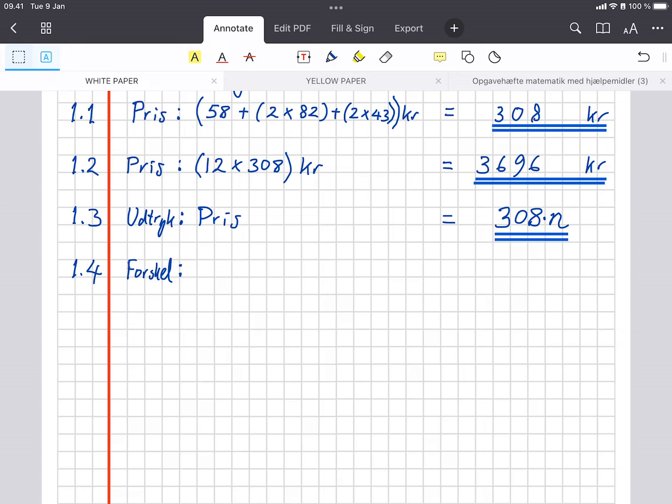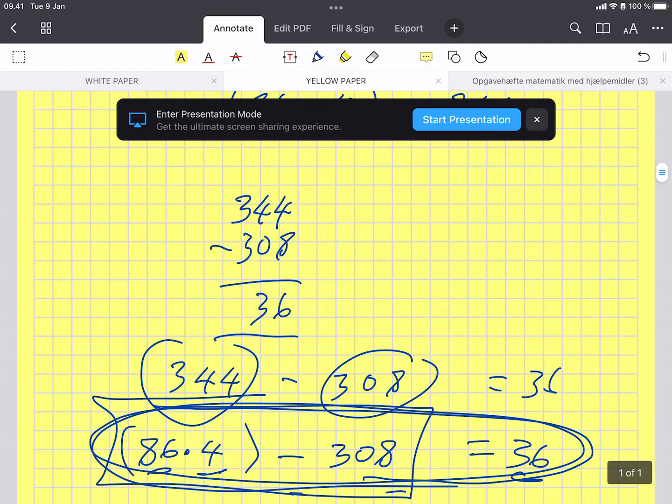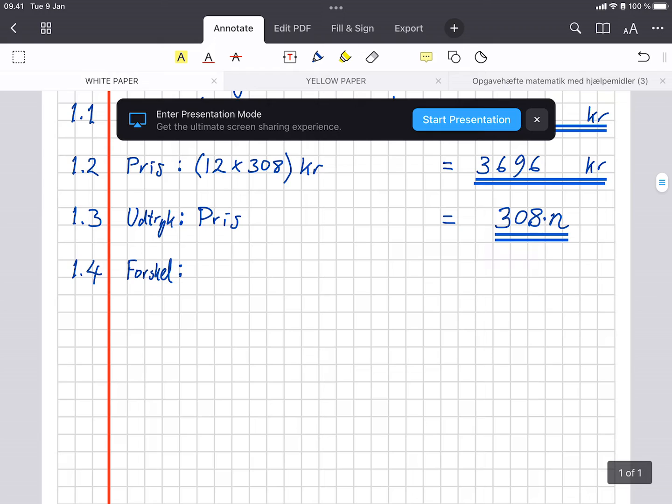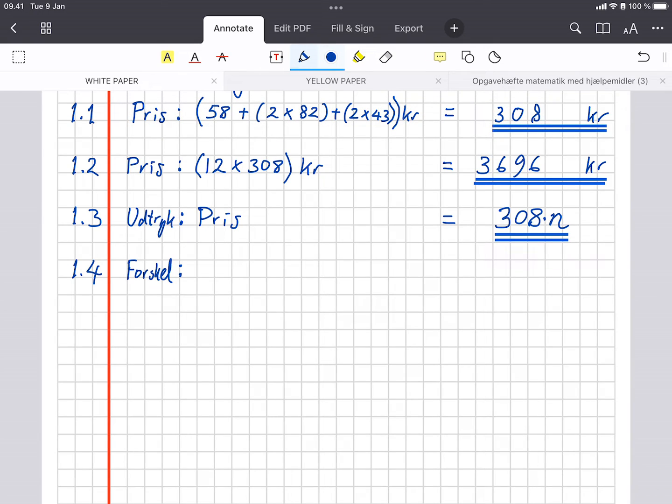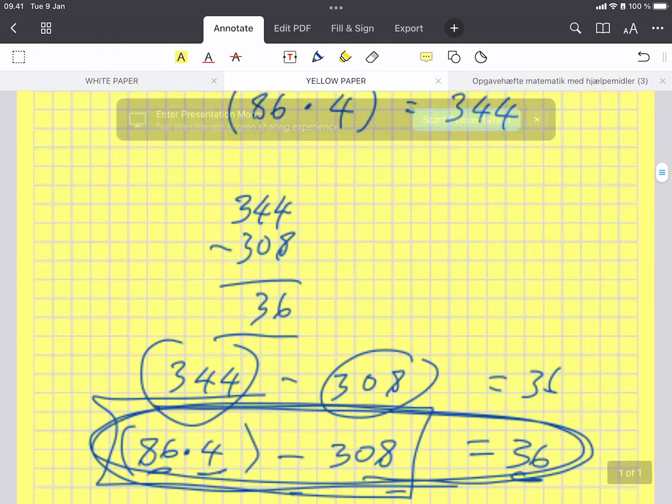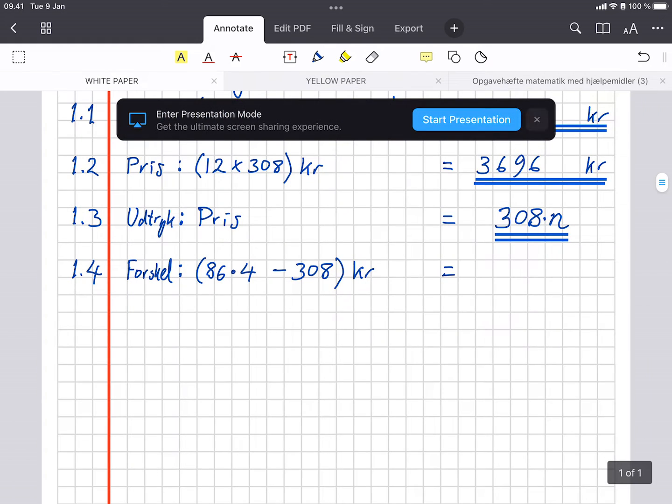So the difference is, back to refer to my yellow paper, 86 times 4 minus 308. I'm going to stick the whole thing in brackets, even though those brackets aren't strictly mathematically necessary. Kroner is equal to, and then the difference was, back to my yellow paper, 36 kroner.